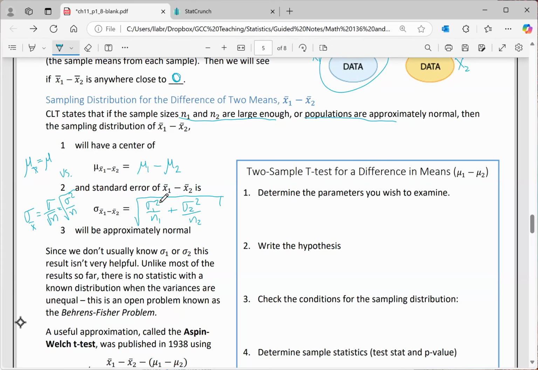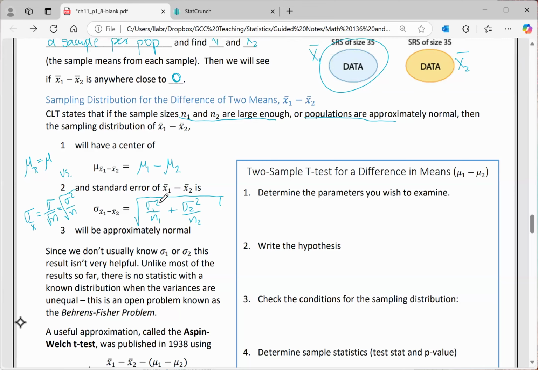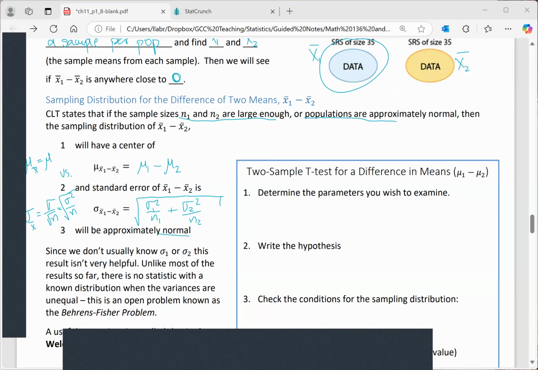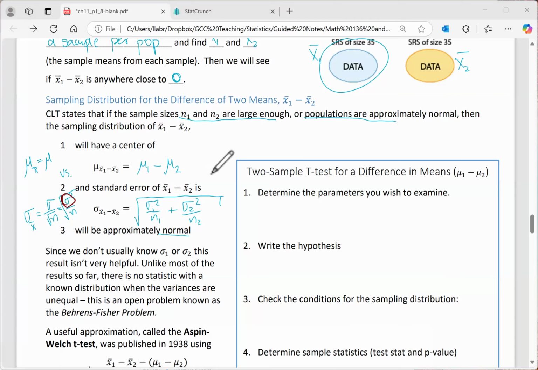Again, look at the similarities between what we have now and what we had a couple units ago. The last thing is that the central limit theorem says not only do I know the center and spread, the standard error, I also know that the difference will be approximately normal. We've seen this before. There is one big problem. These formulas assume that we have the population standard deviation.